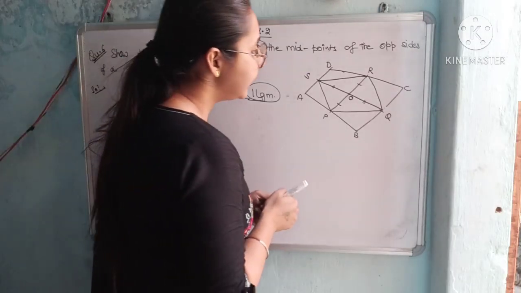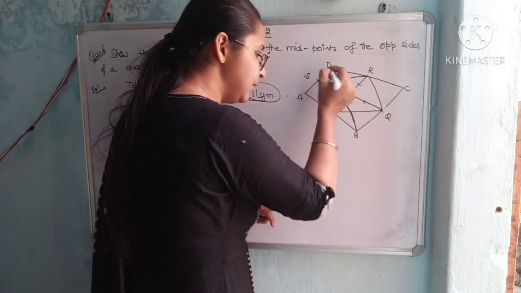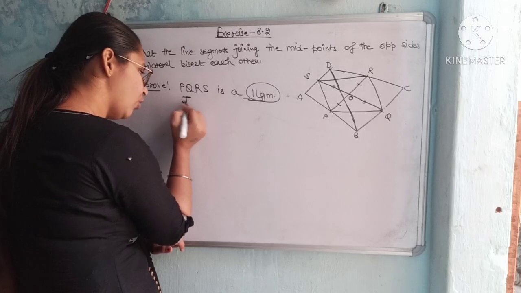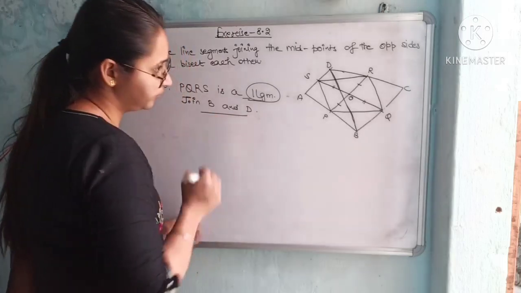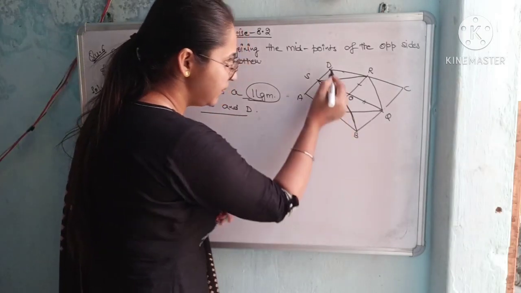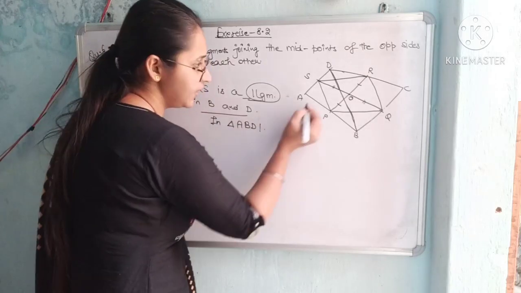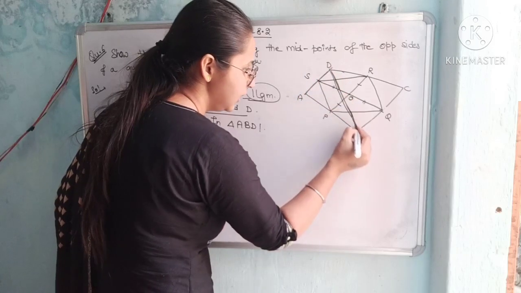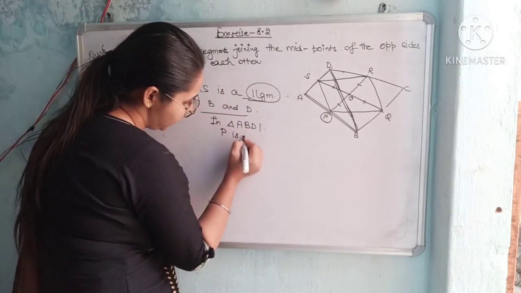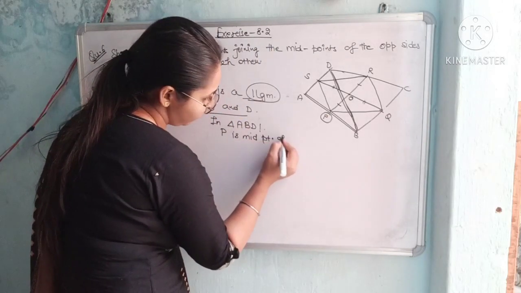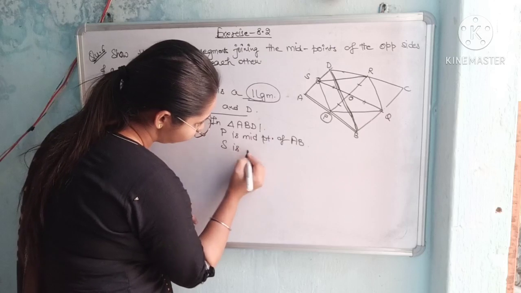First of all, let me join BD, the diagonal of quadrilateral ABCD. Then see very carefully, in triangle ABD, P is the midpoint of AB, and S is the midpoint of AD.